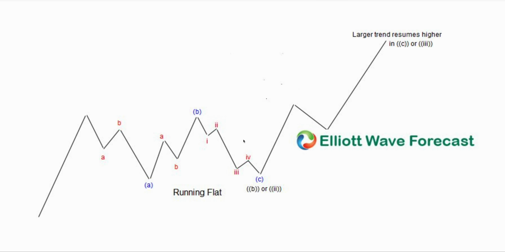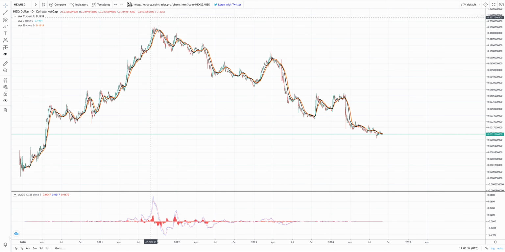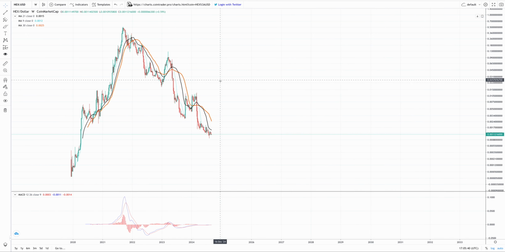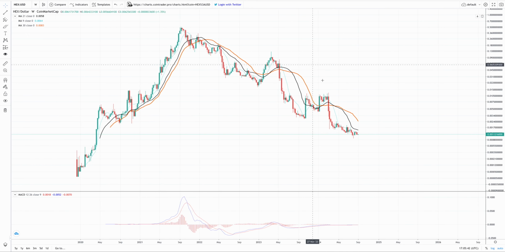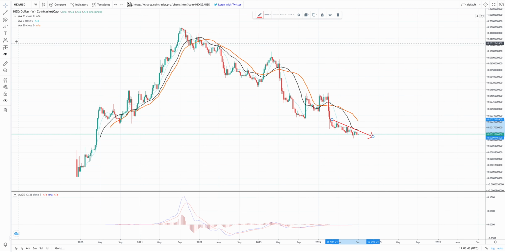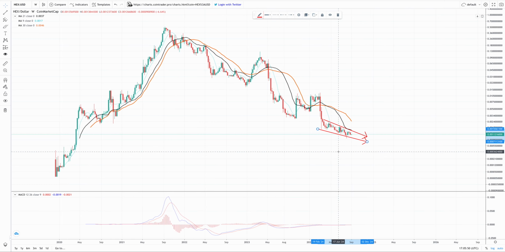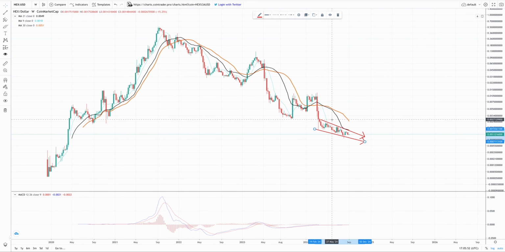And then we can also take a look at Hex. Okay, so this is eHEX. Now, for eHEX, you have to be a little bit more careful, right? There's no guarantee that eHEX makes a new all-time high. Okay, it may just come up to the retracements. As you can see, we're printing an ending diagonal.